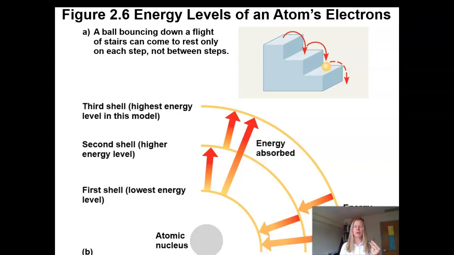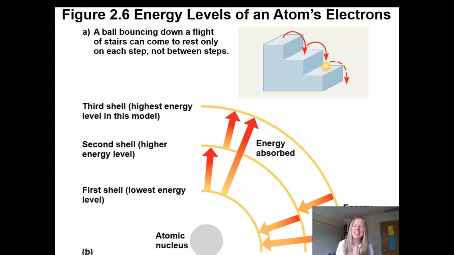Kind of like they're showing here coming down a flight of stairs. If you rolled a ball off that bottom step, there's not a whole lot of energy being released there. But if you started it all the way at the top flight of stairs, there's actually a lot of potential energy when electrons are in these further out shells.